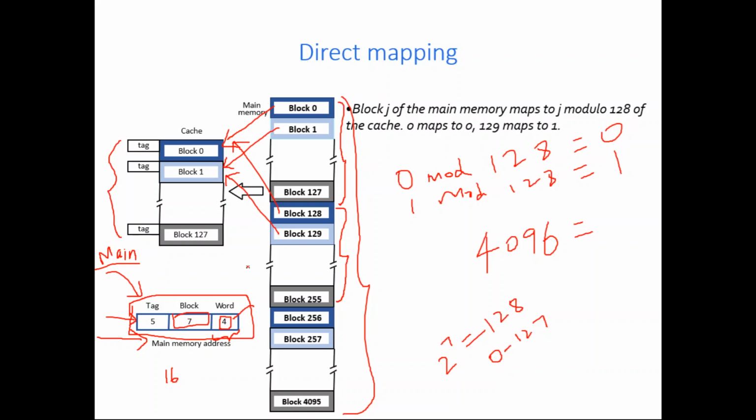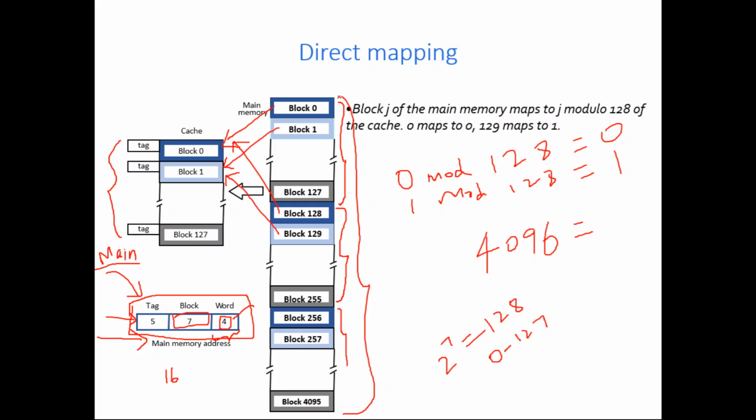Similarly for blocks 256 to 383, since 256 plus 127 is 383: 256 maps to 0, 257 maps to 1, 258 maps to 2, and so on.